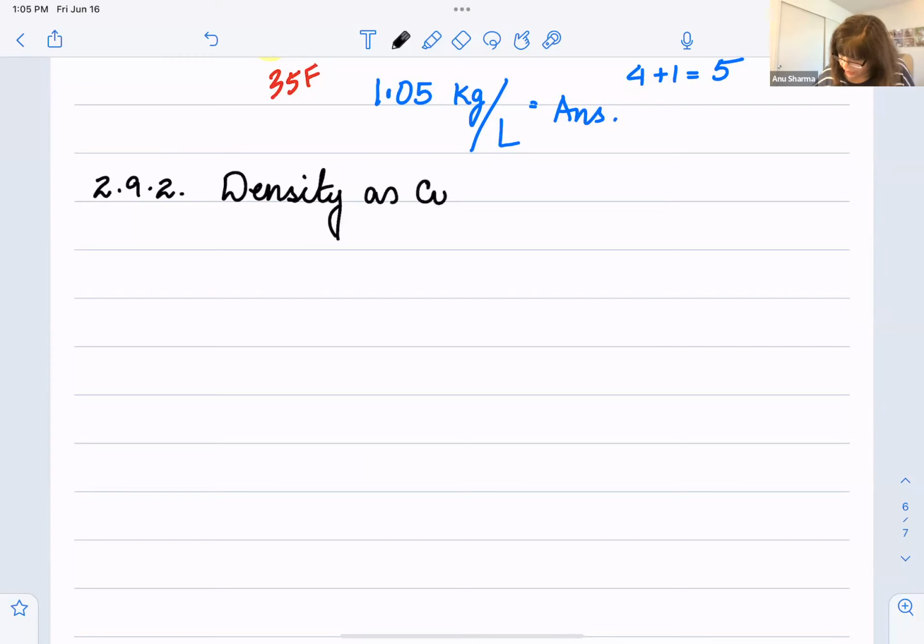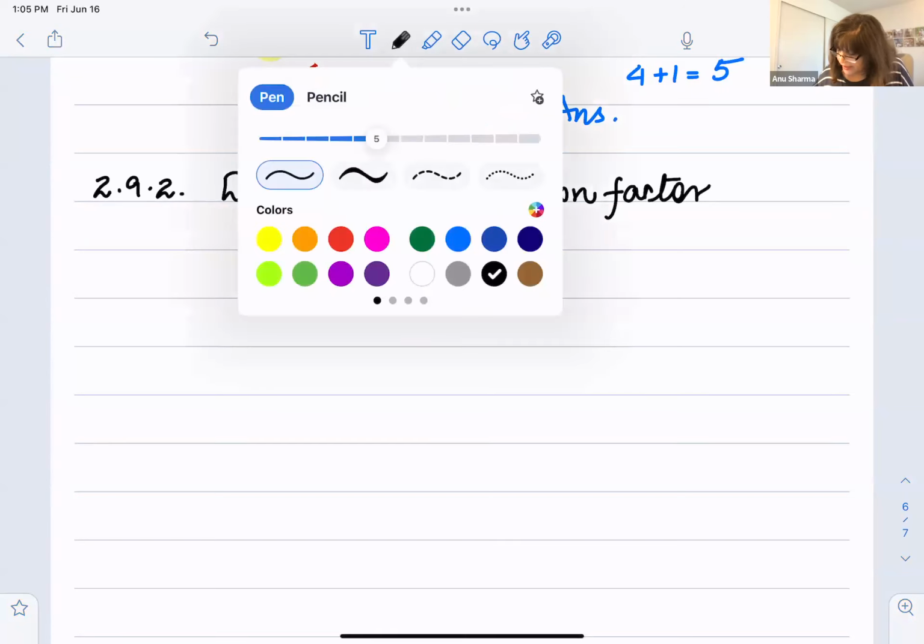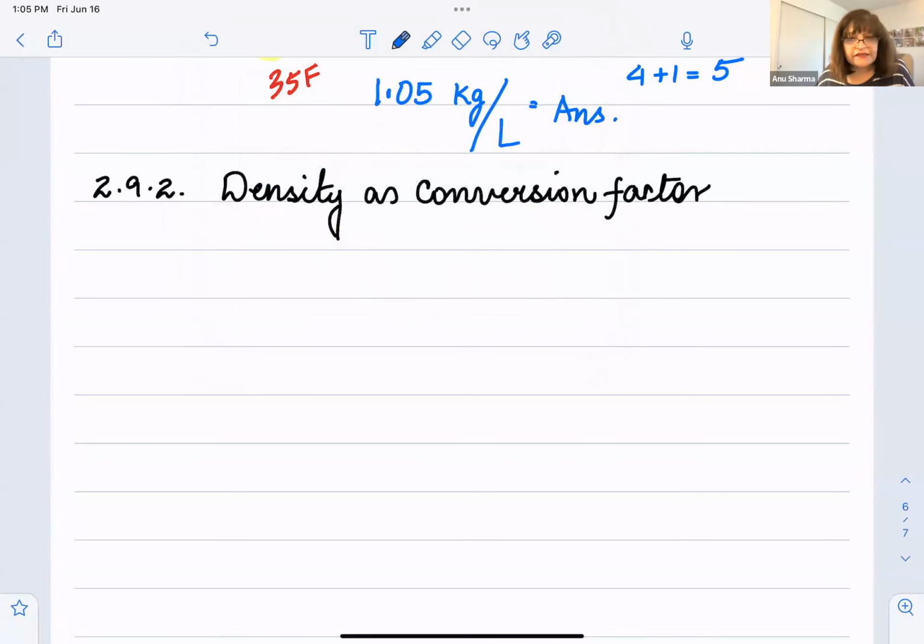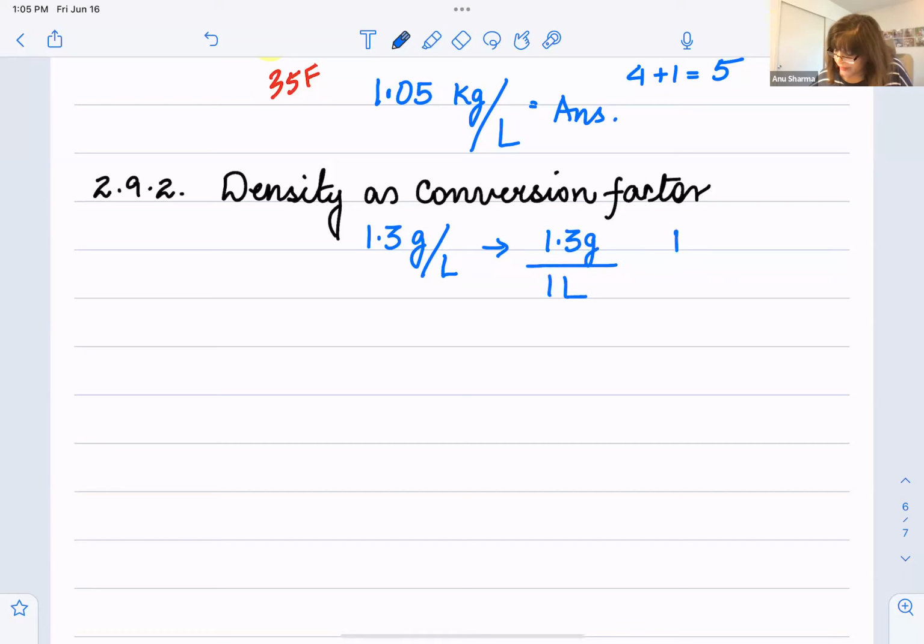If we are given a density, let's say 1.3 grams per liter, this means that 1.3 grams is present in 1 liter, or 1 liter contains 1.3 grams. So these are the two conversion factors.